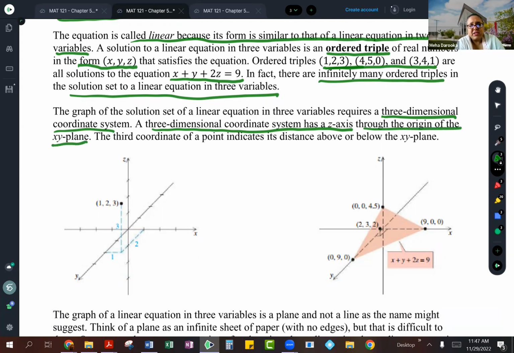So imagine this is your x-axis and your y-axis, and think of them as being flat. Let me see if I can grab some pens over here. So think about your x and y axes being like this, like we normally have it, at a 90-degree angle from each other.